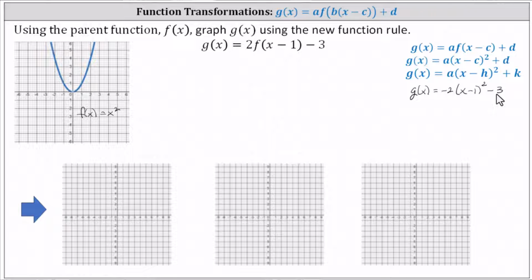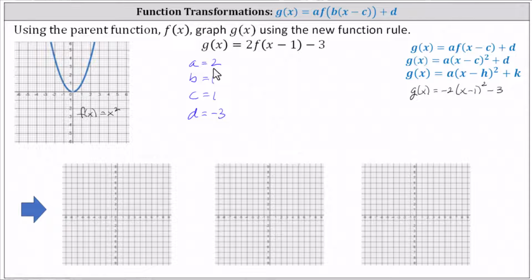Recall if g of x is a transformation of f of x, we can write g of x as the form shown here. Notice for our function rule g of x, we have a equals 2, b, the coefficient of x, is 1, c is positive 1, and d is negative 3.